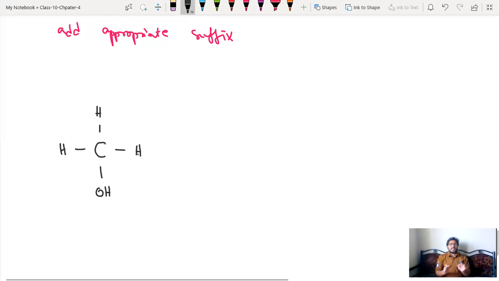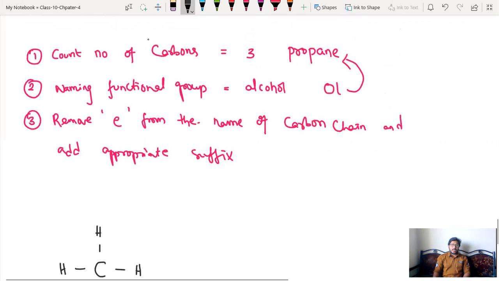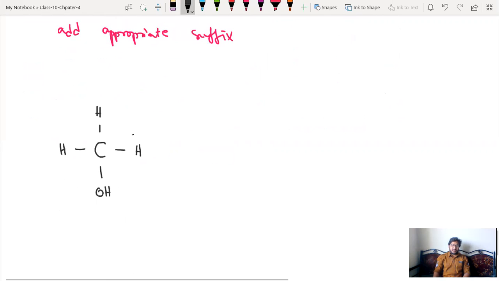Okay, like that there is a one carbon hydrocarbon functional group compound present. Now how to name? What is the first point? Count the number of carbons. If you count, it is 1. 1 means meth, right? Meth. All are single bonds, isn't it?